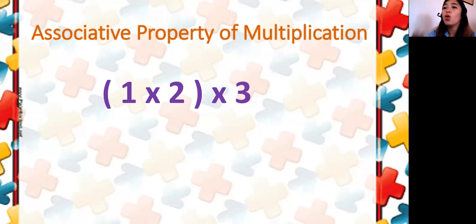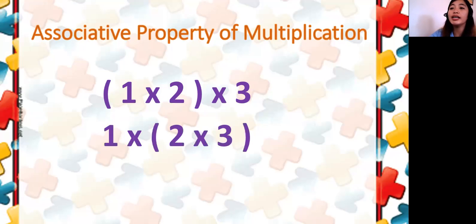So in here, what can we group to show associative property of multiplication? Yes, may you please try? Okay, so write the same numbers in their position, 1 times 2 and 3, but this time we're gonna group 2 and 3. Okay, so the numbers are still the same, the positions are still the same, but the groupings were changed. Very good.